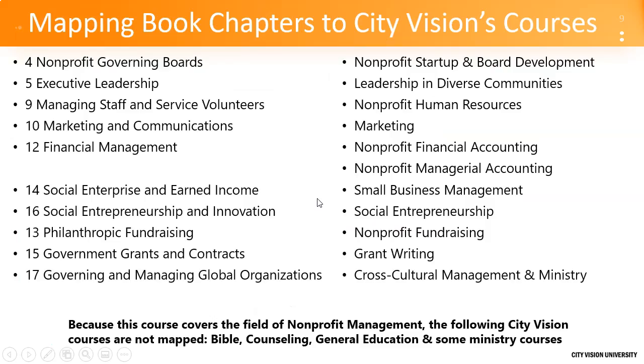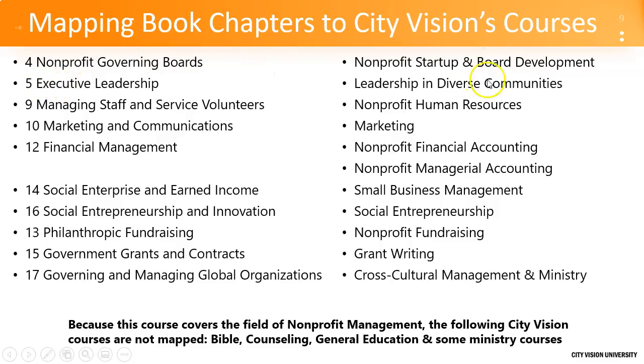And then week 7 and 8, we're going to help you use all of this to develop a plan for yourself. So another way of looking at this, if you look at the primary textbook for this course and you look at the different chapters and you see all the courses that City Vision offers, we have a chapter that covers a lot of each of the courses we have. So chapter 4 is on nonprofit governing board, so we have a course that covers board development.